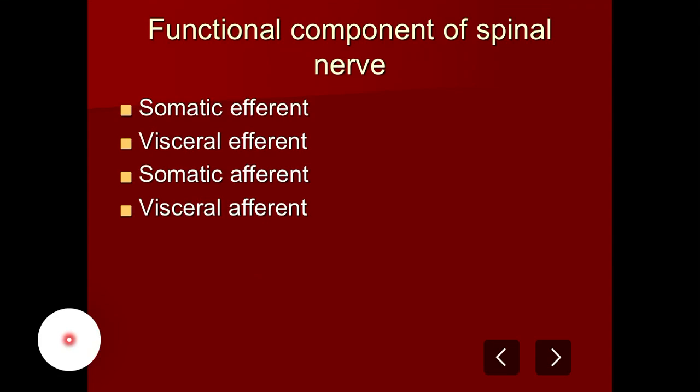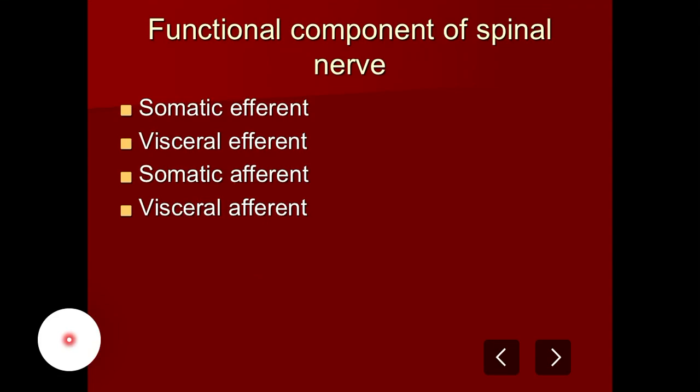One is going to innervate the structures in the soma, or skeletal muscles present in the body wall, and that is what is termed somatic efferent. So look at that term. The first functional column of a spinal nerve is somatic efferent. That means efferent or motor fibers going to supply the skeletal muscles of the soma, or body wall and limbs. So that is the first column, somatic efferent.